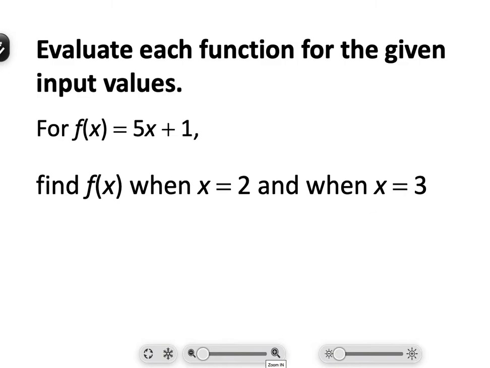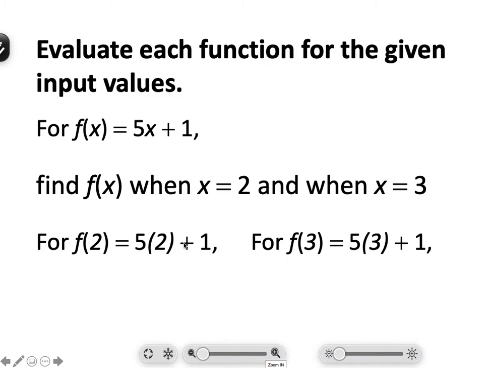When it says find the output when x equals 2 and when x equals 3, that just means you're going to do two problems. You're going to input 2 into function f, and you're going to input 3 into function f.